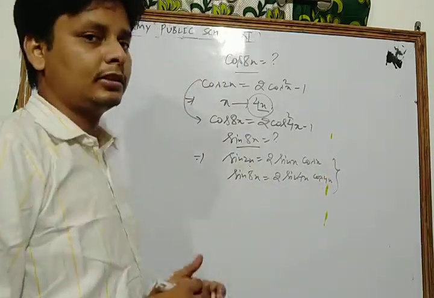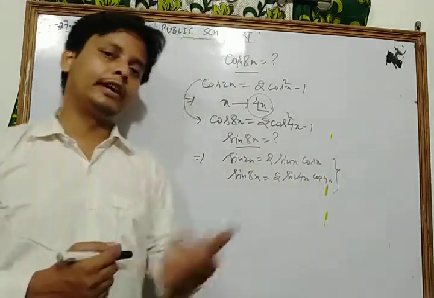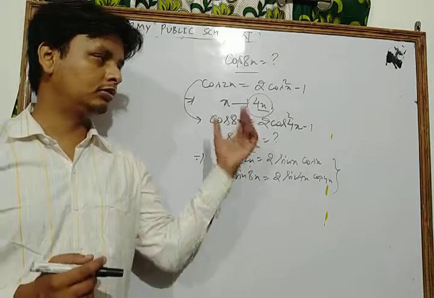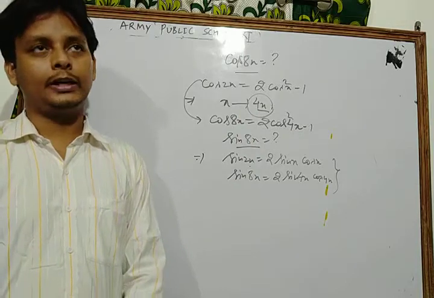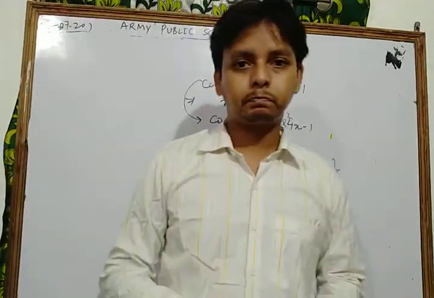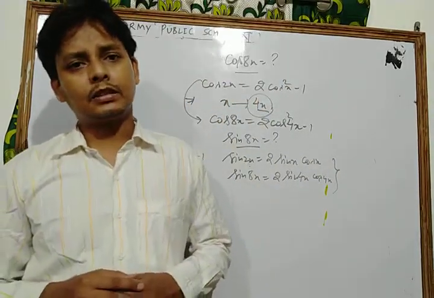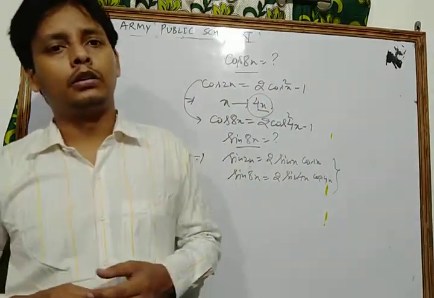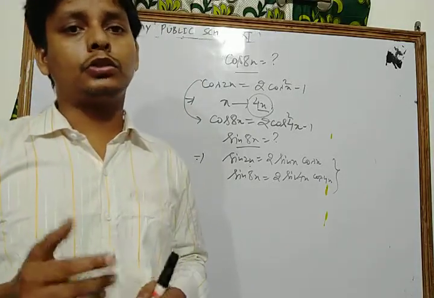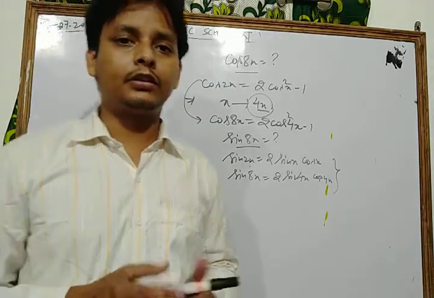So dear students, using that concept you can find all the formulas of trigonometric functions based on those identities. In the next class we will discuss some other questions and solve all the questions of your NCERT exercise based on those formulas.